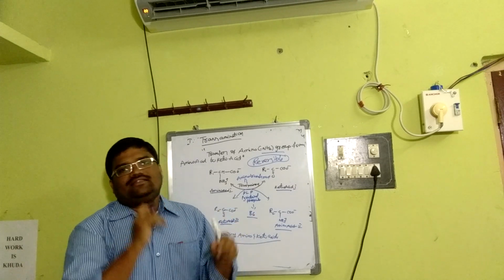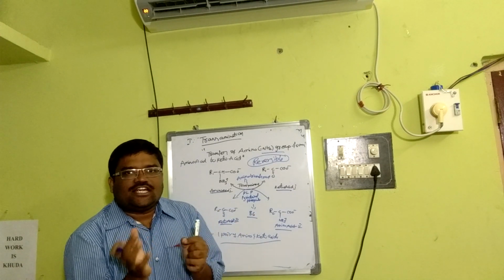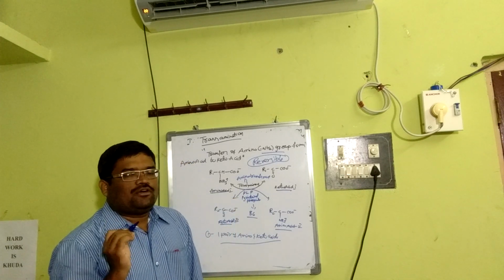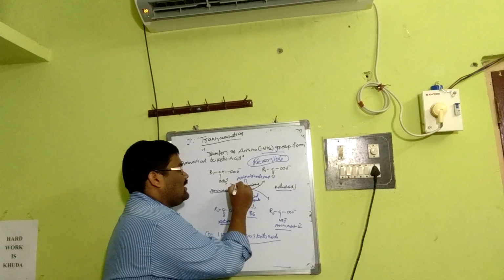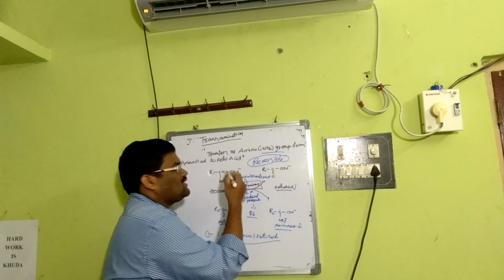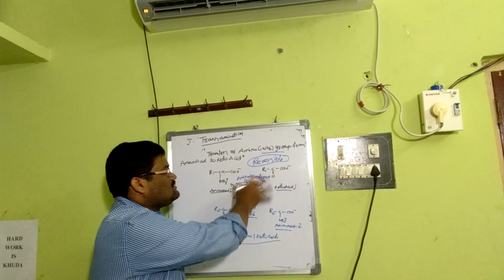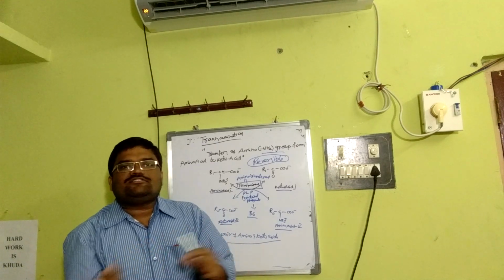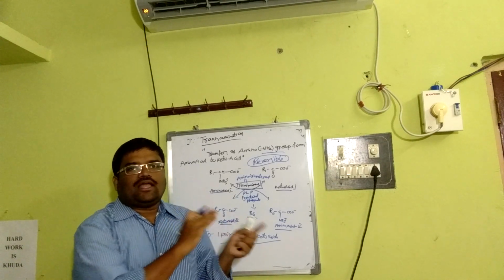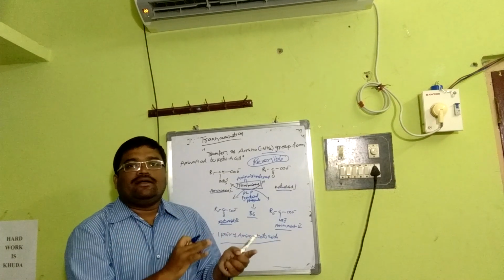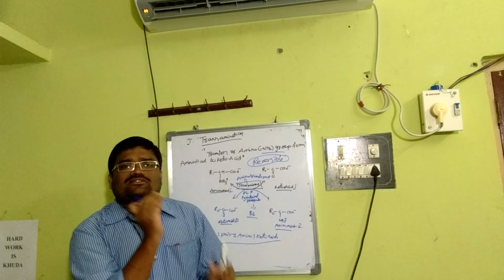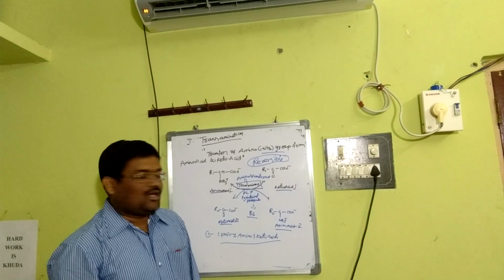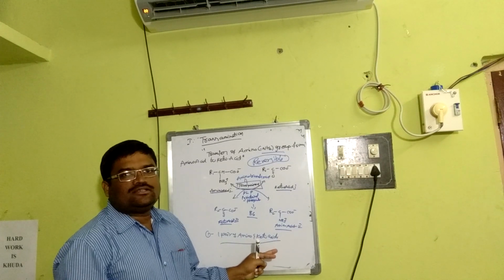To mediate this, the facilitator is PLP, pyridoxal phosphate, a coenzyme of vitamin B6, and the enzyme is transaminase, otherwise called aminotransferase. This transaminase, with the help of PLP, will transfer the amino group from amine to keto acids respectively. That is the crux point for transamination reactions.